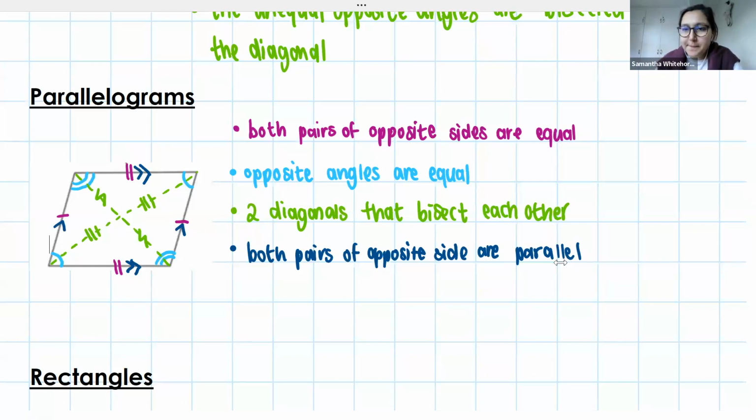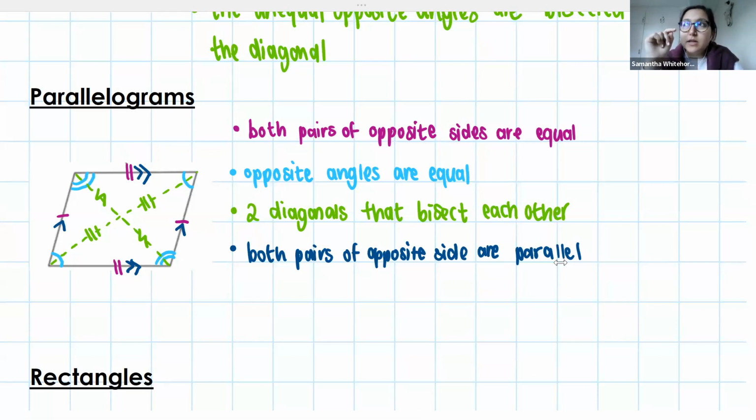Do you have another one? Consecutive angles in a parallelogram are supplementary. Yes, sorry, I had to take a second to just work through all of that. Absolutely, and that's a really cool reason.